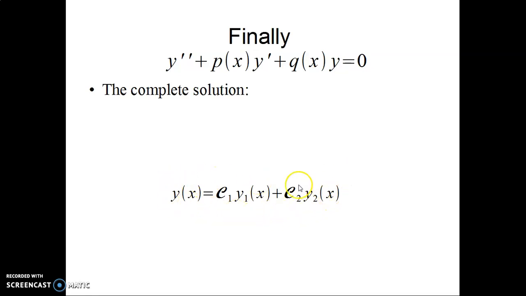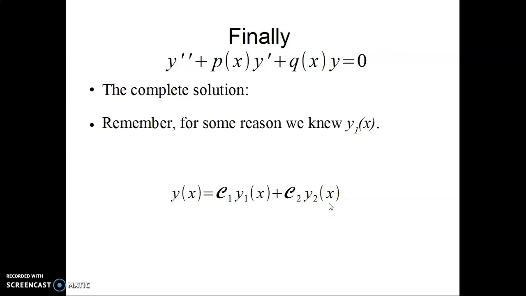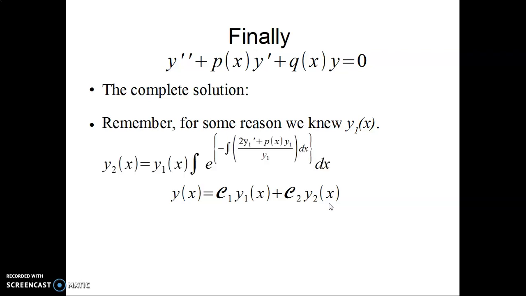is this linear combination of y1 and y2. Not u. It's got y's in it. For some reason we knew y1. That's okay. Somebody told us, whatever. y2, I have this formal solution for, which is y1 times that function u.